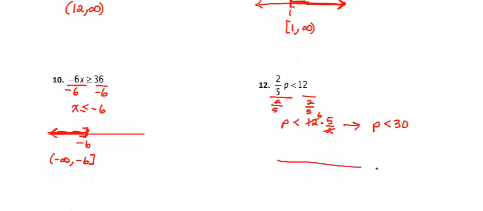So on a number line, we place the 30 and shade less than 30, which is to the left of 30. And we're not permitted to equal 30, so we put a parenthesis. So that's negative infinity to 30 with parentheses.